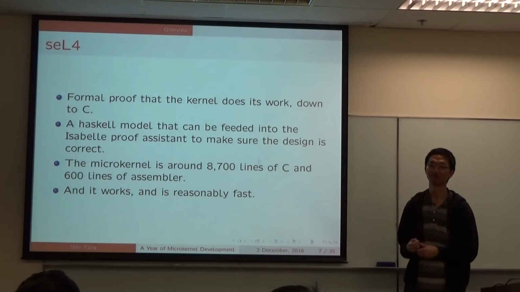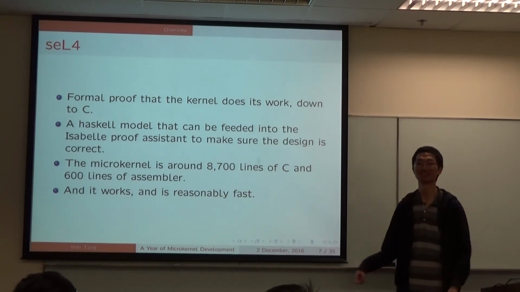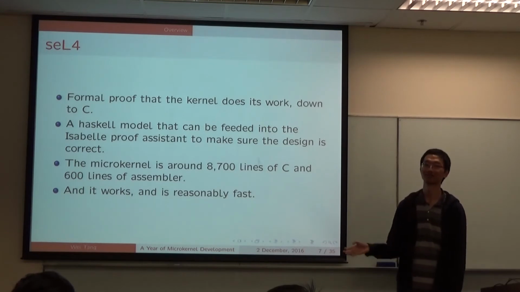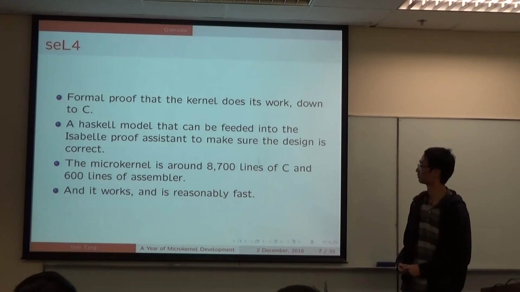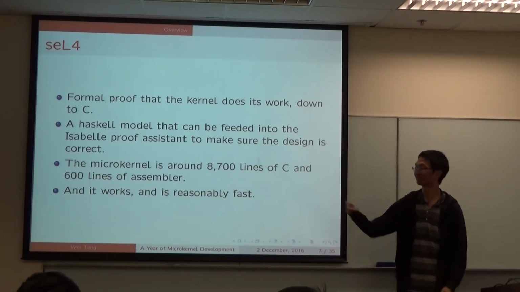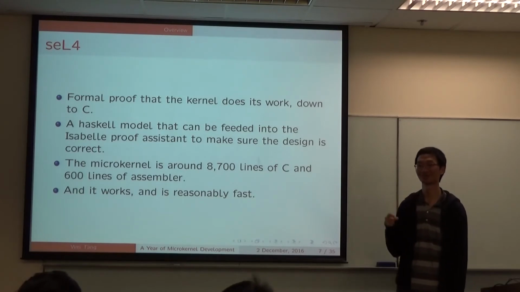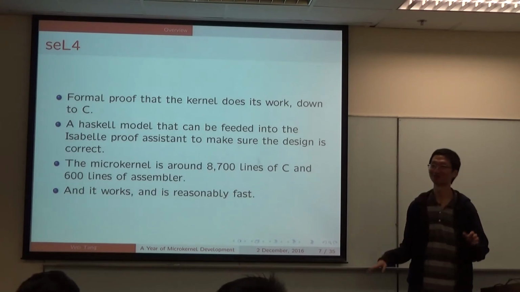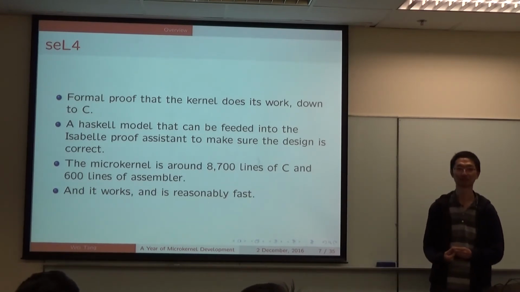I guess not entirely automatically, but from Haskell you can generate some immutable code, and that's probably how they start the proof. So it's just a proof that their kernel does what it does, not a proof that it's perfectly secure or anything like that. I think so, yeah. It will be difficult.